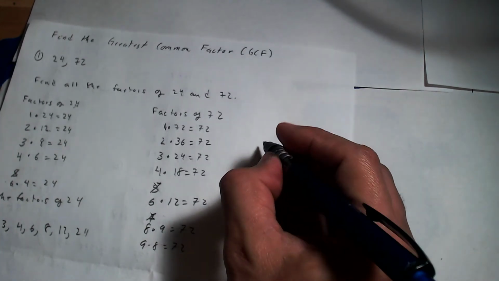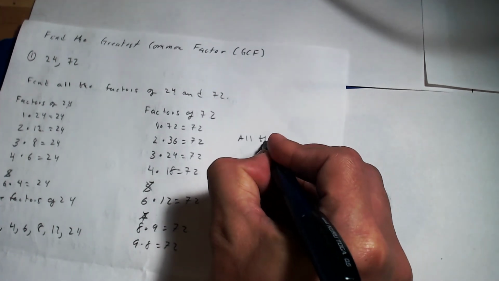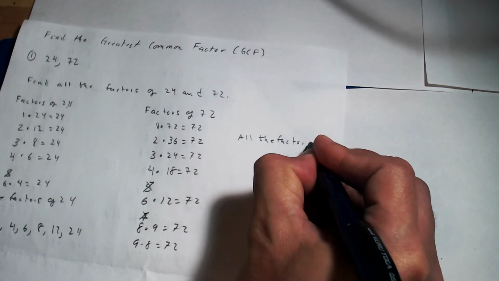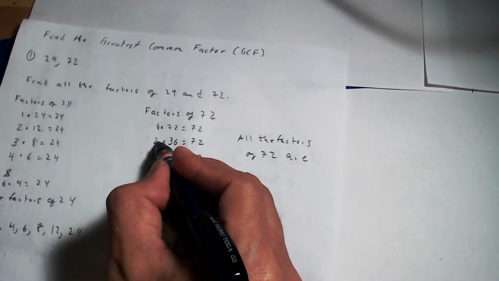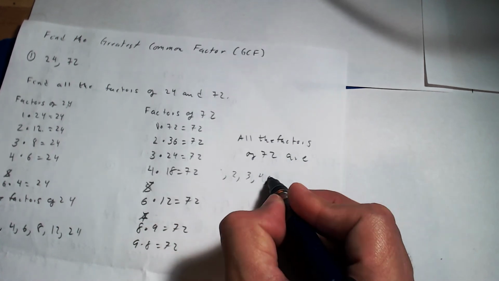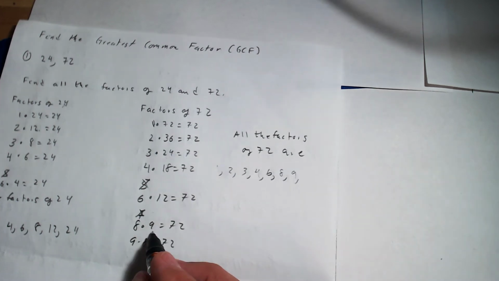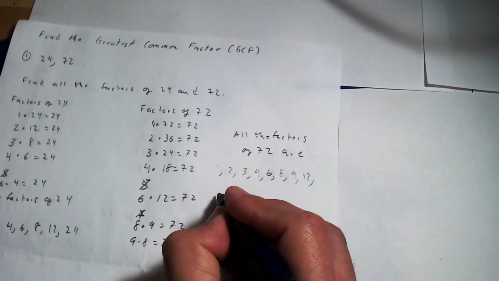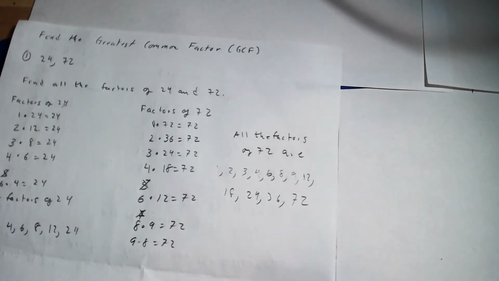So all the factors of 72 are 1, 2, 3, 4, 6, 8, 9, 12, 18, 24, 36, and 72.